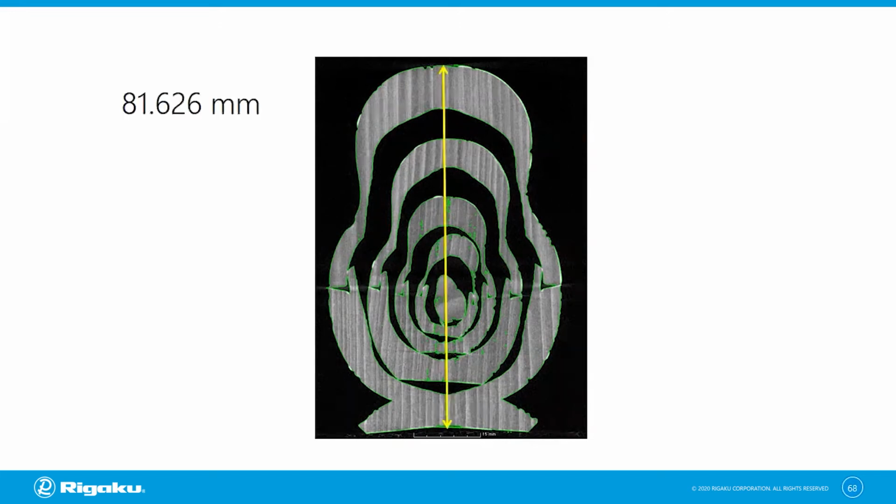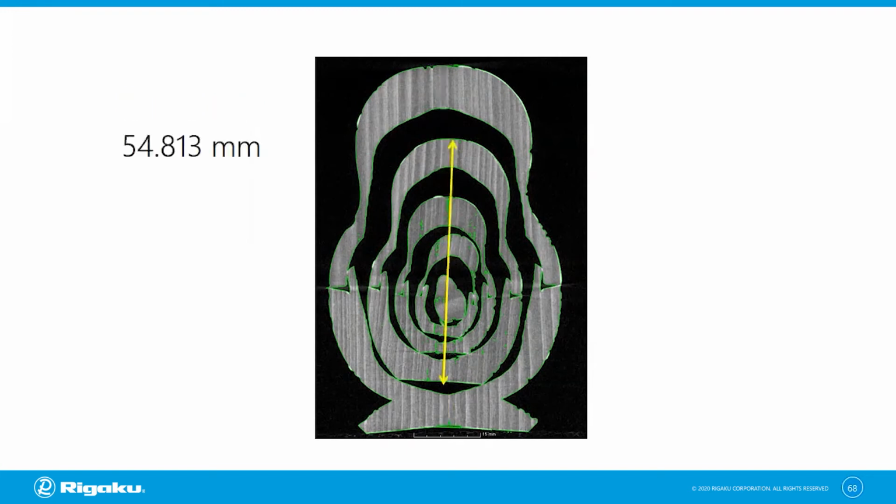The biggest one is 81.626 millimeters high, and this anyone can measure. But again, using X-rays, you can see this one and all the way down to the little one inside, and you can measure the height of all those dolls. Or you might want to know the waistline of doll number 3, then you can do that too.